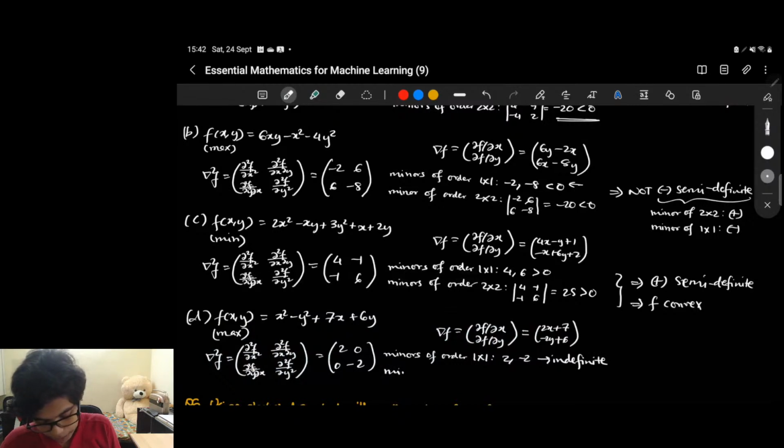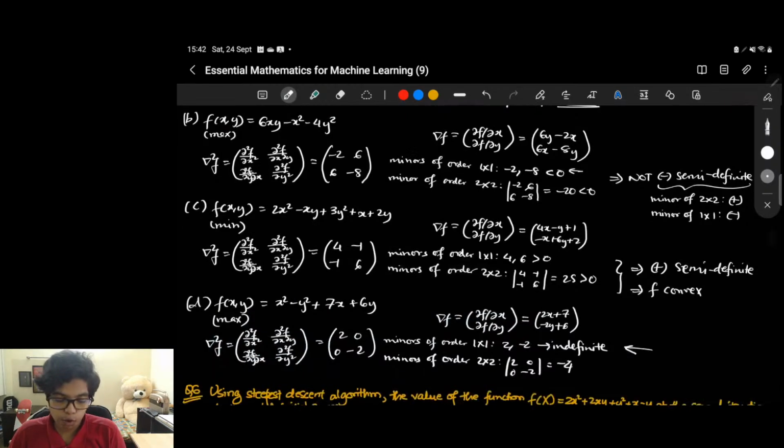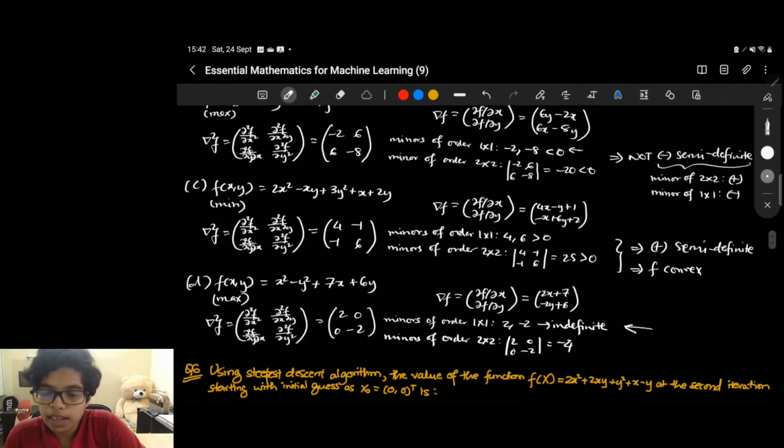And if you look at minor of order 2 cross 2, negative 4, but this is inconsequential because in the minor of order 1 cross 1 itself, this matrix has turned out to be indefinite because some of the minors are positive and some are negative.